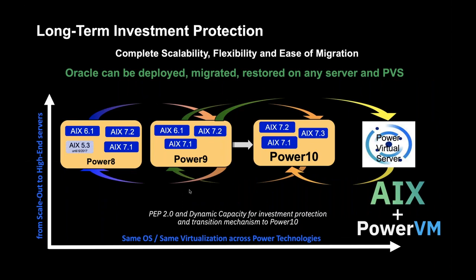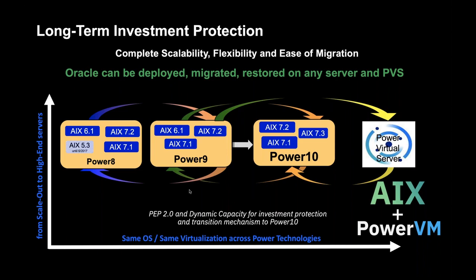One of the things that Power does deliver is this compatibility across the realm of machines. So we can actually have Oracle running seamlessly across multiple generations of Power systems, as well as multiple versions and releases of AIX. And yes, we're even looking forward to having support for the upcoming AIX 7.3 release later this year. So we're already working with Oracle on how to plan that.